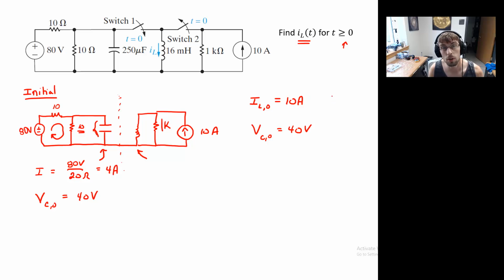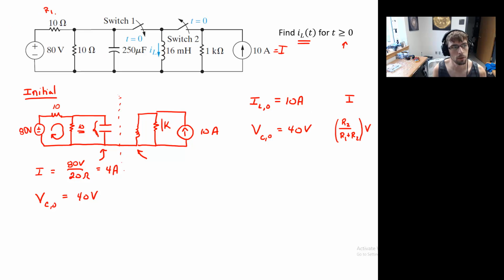Now, if you prefer to work that in terms of variables, this would just be the initial, I'll just call this I. And of course, this would be something like R2 divided by R1 plus R2 times your potential supply.